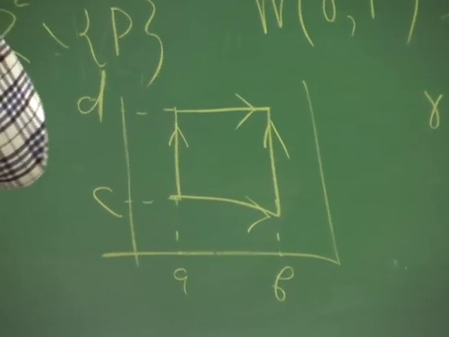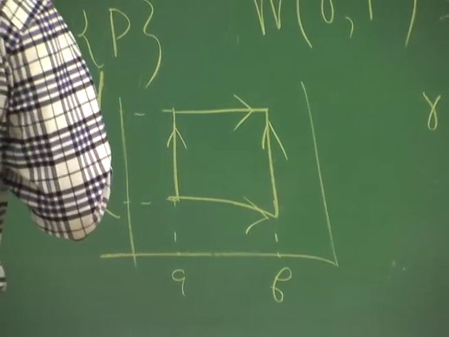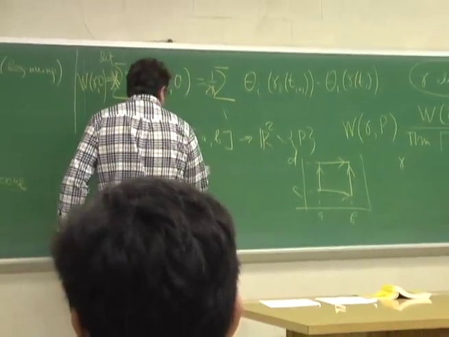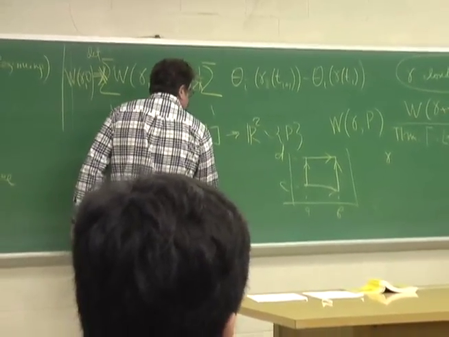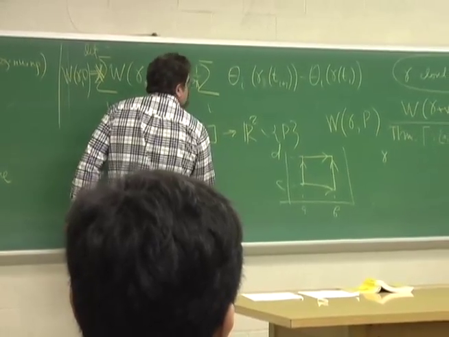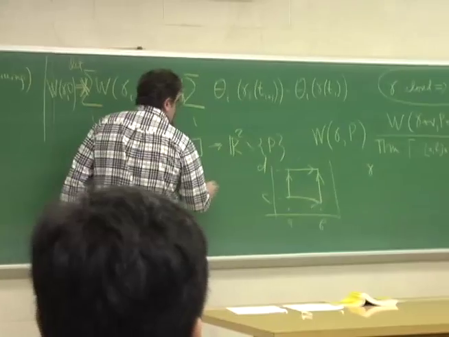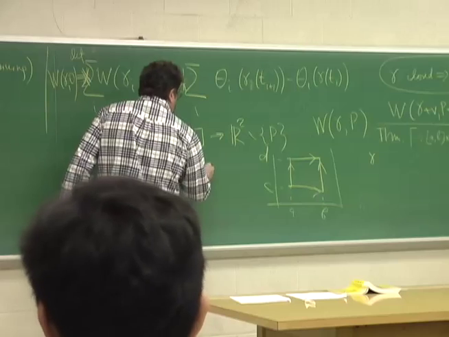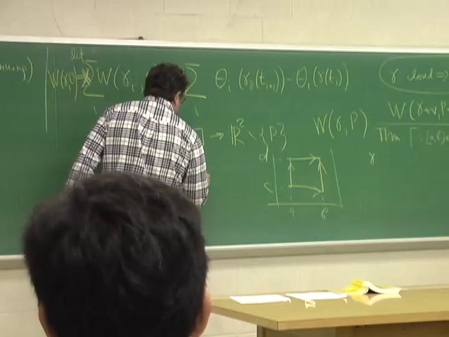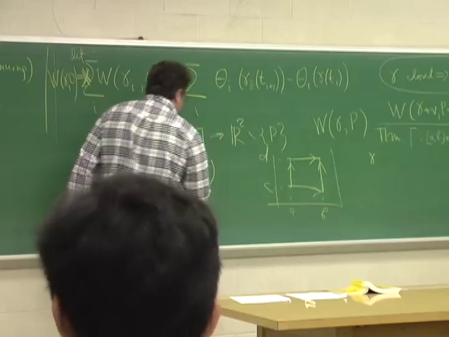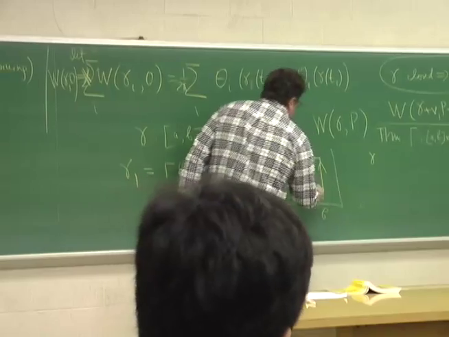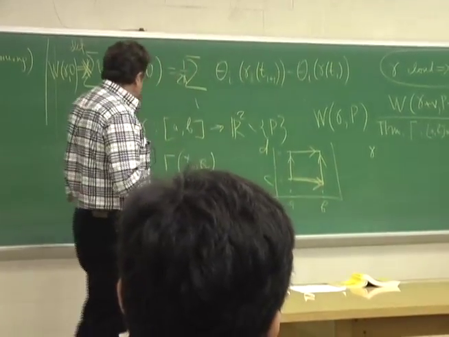Gamma 1 is gamma of S, C, I'm sorry, T. So the image of this interval is gamma 1.